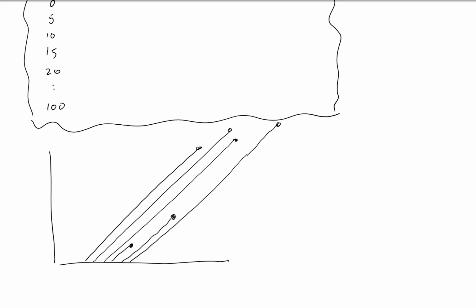As we had before, this is age, and this is our time, our year. So these are all of the people in our cohort. Each of these is a lifeline that tells us how long each person in our cohort lived.